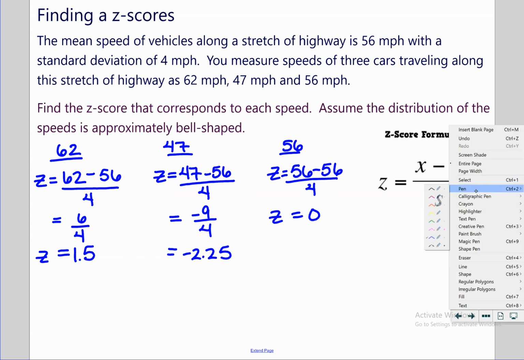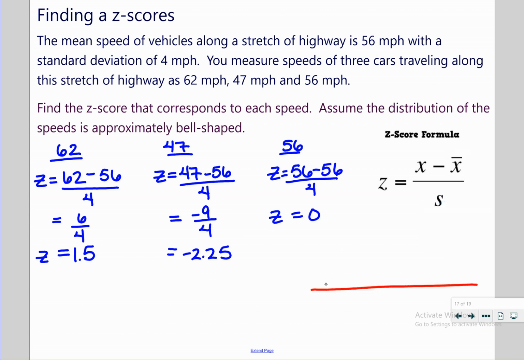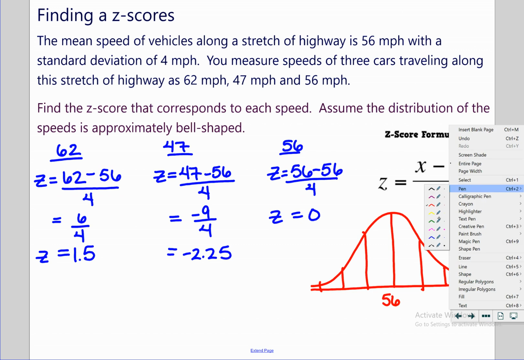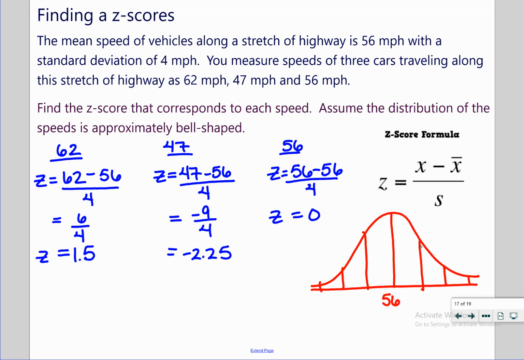So if I were going to look at a picture of what we just did, think about that bell curve from yesterday. We have a mean of 56. We could even label all the standard deviations if we want to. Right? We can go up by 4 and down by 4 like we did yesterday. 62 is going to be over here.